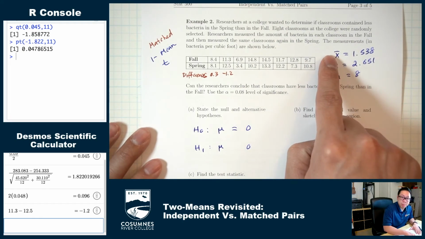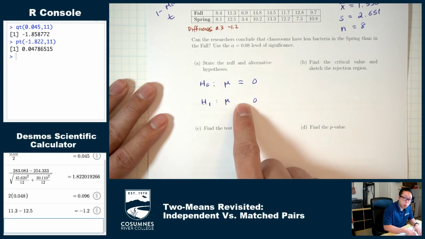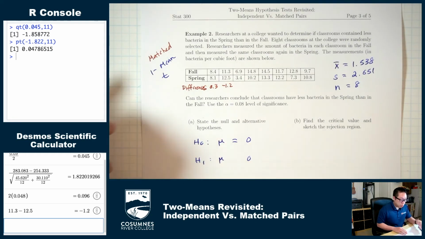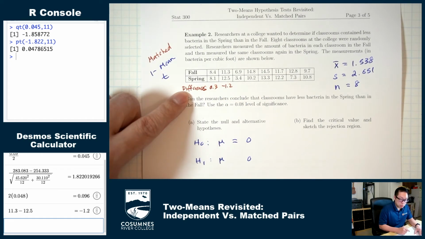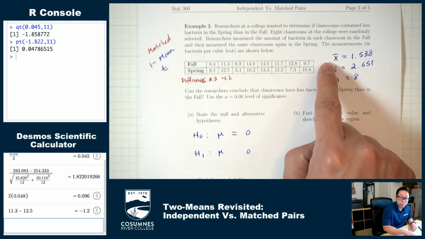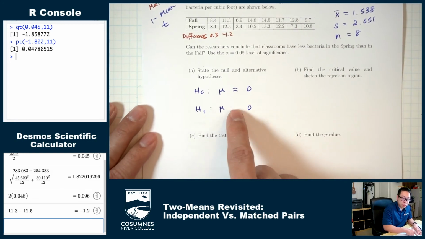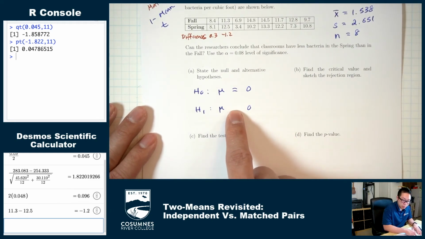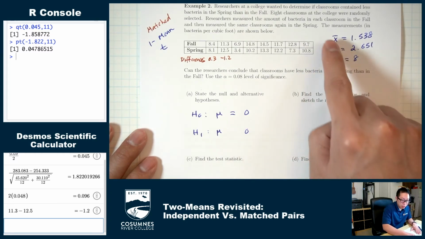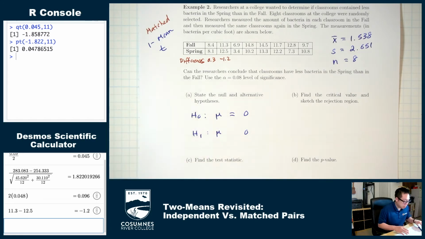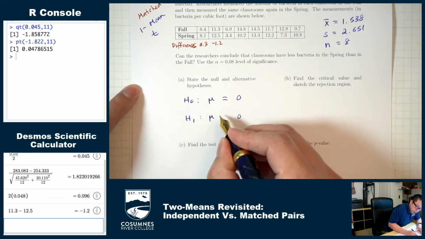If the mean ends up being negative, the symbol will probably be less than. Let me say that one more time. For the match situations, enter the data, find the differences, and then find the mean of the differences. If it's positive, the symbol will probably be greater than. If it's negative, it will probably be less than. So here, 1.538 is positive. It's probably going to be greater than.